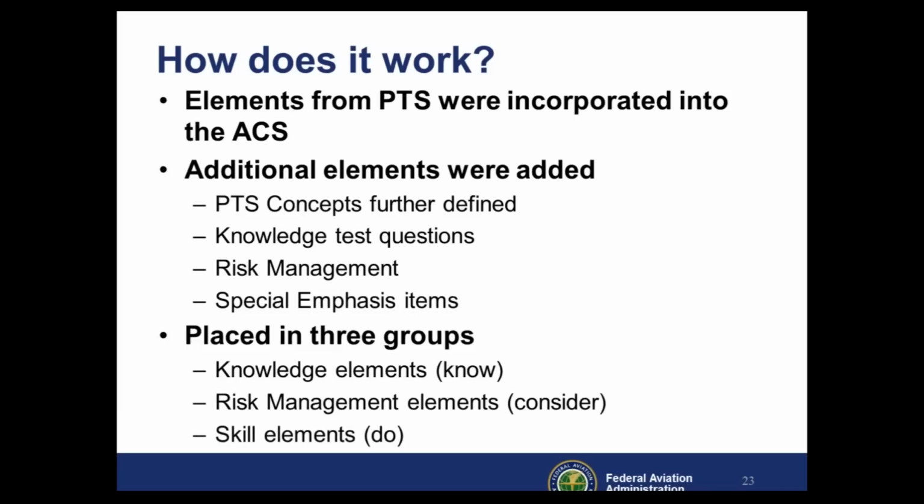And the third type of element is skill elements. Those are things that you would need to perform or do, usually an action on a Checkride. So we have explained why our element count grew, and then we have these 3 new groups.